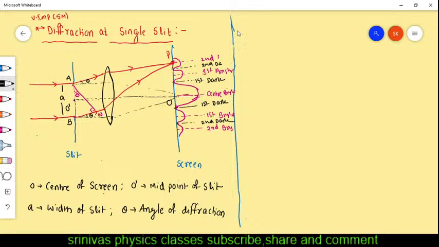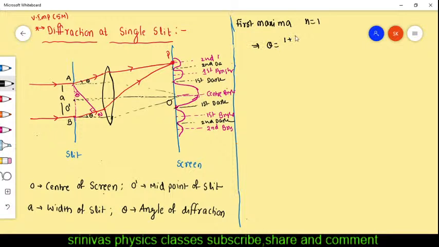Again, I am going to continue. Now, in equation 2, the angular position of nth maxima is completed. Then I want the first maxima. In case of first maxima, we have to write n equal to 1.